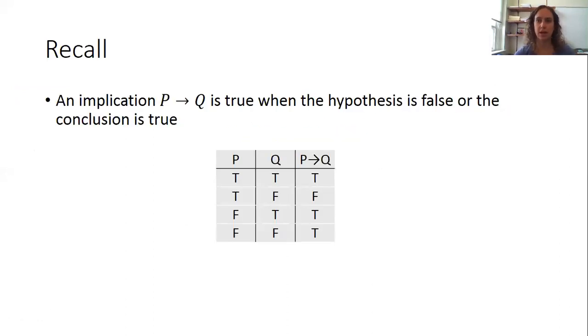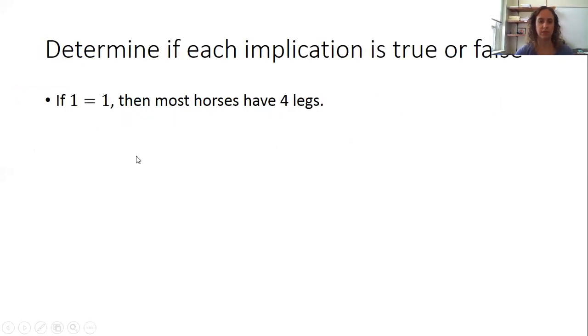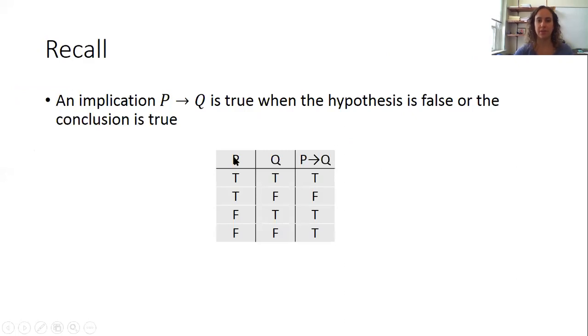So recall that an implication, which we read out loud as "if P then Q," is true when the hypothesis is false or the conclusion is true. The hypothesis is the P, and here in the first column of this table, the P could be true or false. The conclusion is the Q, and here we have true and false for Q as well.